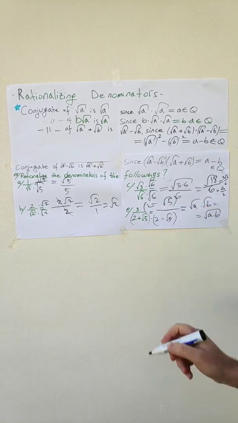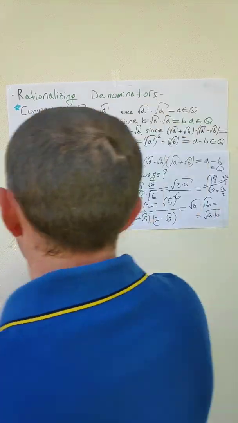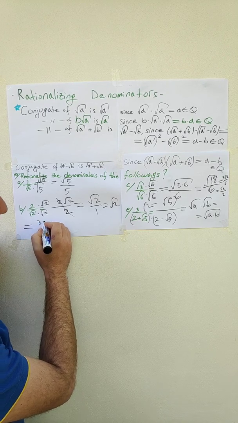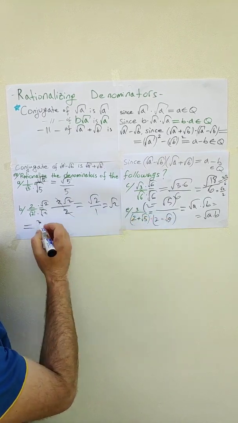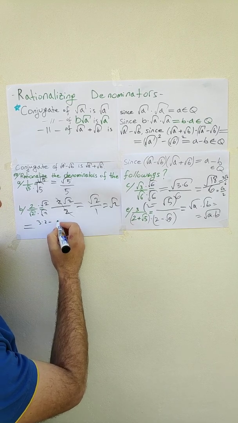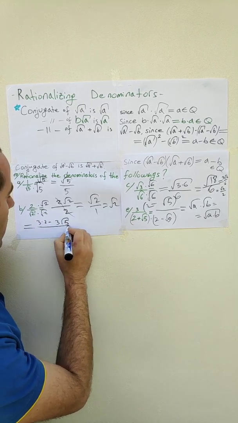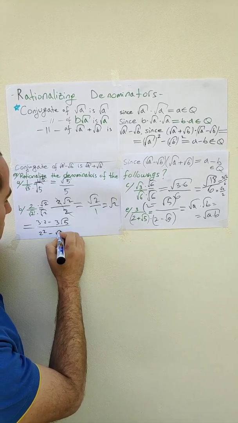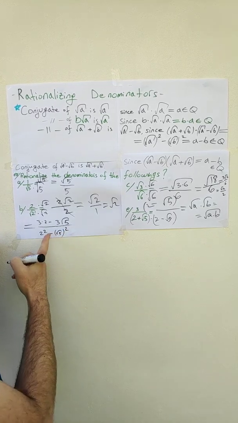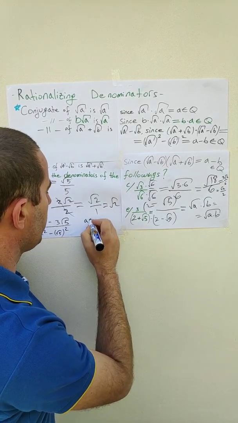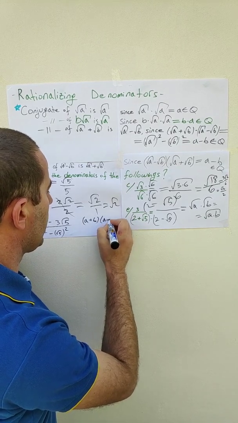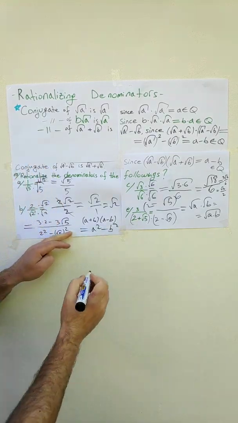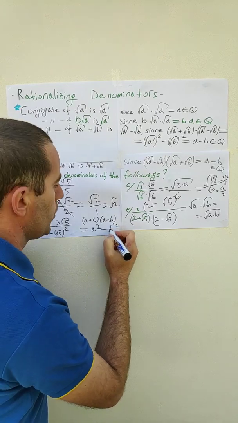We do operations: 3 times 2, remove parentheses, 3 times 2 minus 3 times square root of 5 over 2 squared minus square root of 5 squared. Here there is another formula, a plus b times a minus b equals a squared minus b squared. This is the formula that I used here.